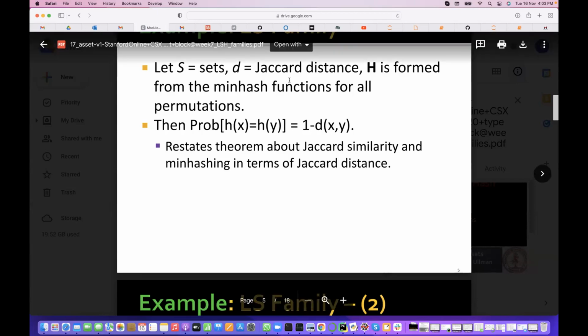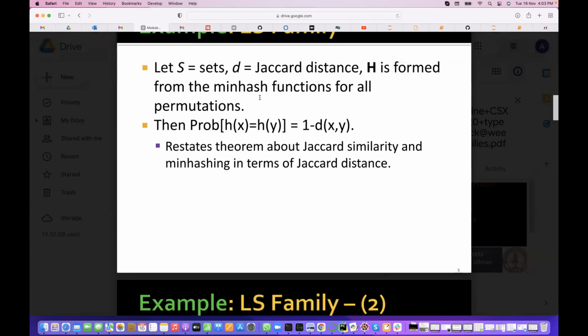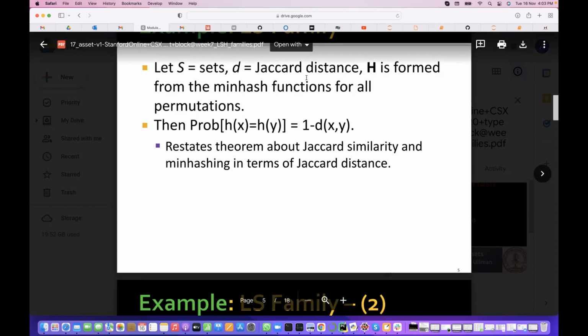If you take the Jaccard distance and use min hash, you remember what min hash is: the signatures and bands that we discussed yesterday. If you use that, then the probability of h(x) = h(y) equals 1 minus d(x,y). It depends on the distance if you use the Jaccard distance.